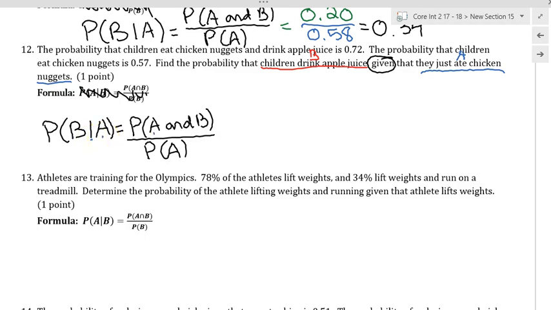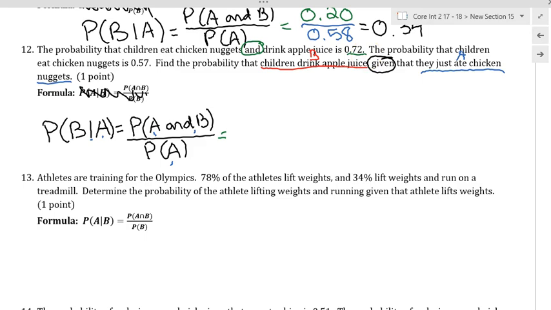So I'm going to find the probability of chicken nuggets and apple juice over the probability of chicken nuggets. Well, the probability of chicken nuggets and drink apple juice is 0.72.